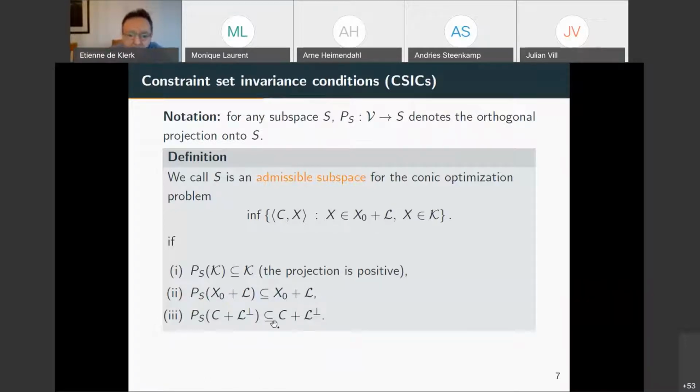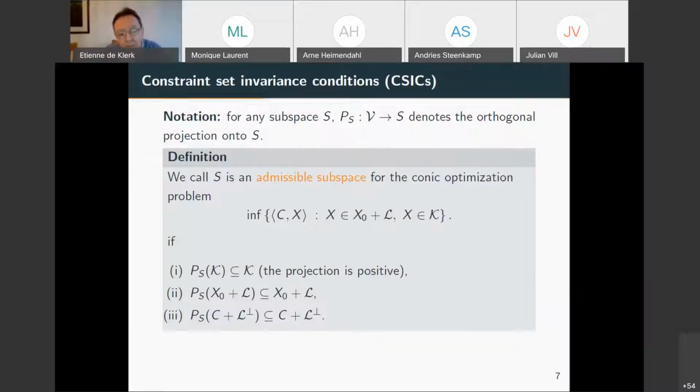If we look again at the conditions for feasibility, x belonging to the subspace and x belonging to the cone, then you see that these first two conditions guarantee that we map feasible solutions of this problem to feasible solutions. And what's a little less obvious is that this last condition guarantees that the objective function does not change if we do this projection.